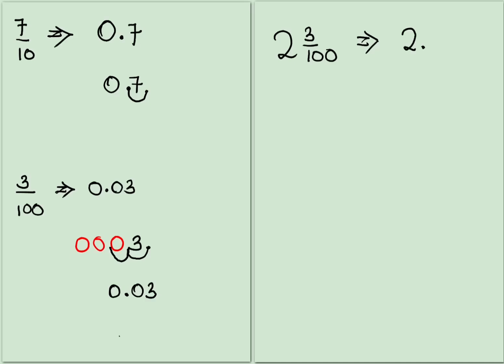Remember, 3 over 100 was 0.03, you see. So you have your 0.03, and trying to add all together, you have your 2.03.